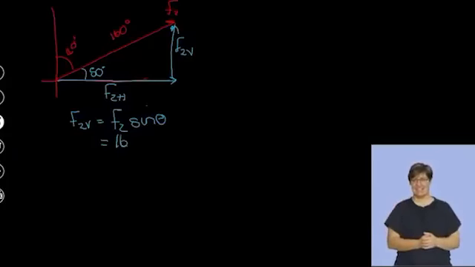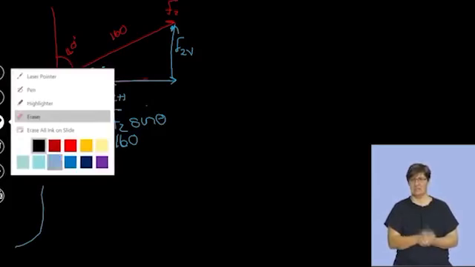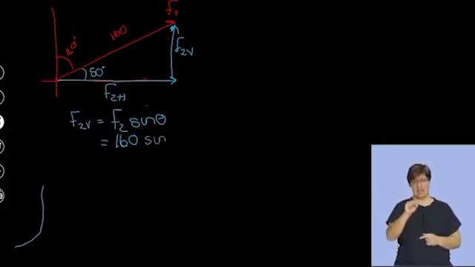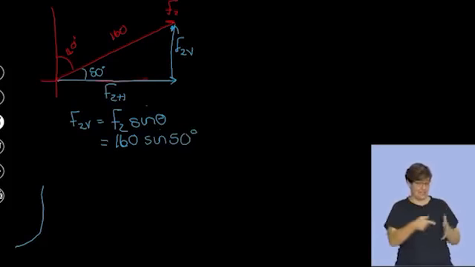Having fun with the board today. I put a degree sign in there, and I don't know why. So let's just take that out, because we should. And so this is sine 50. That's where the degree goes. Calculator.